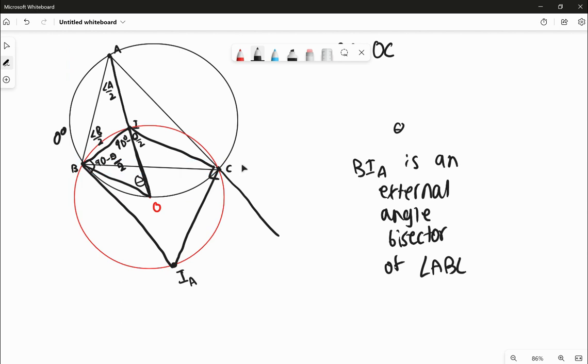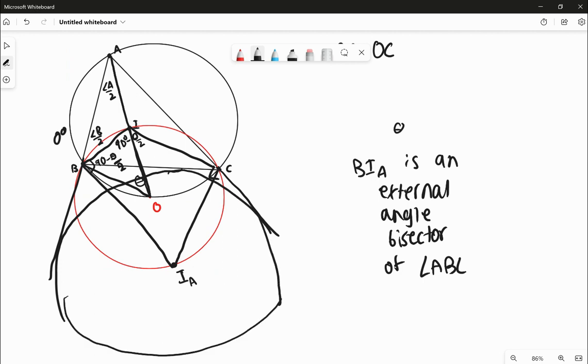So I_A is actually the intersection of the exterior angle bisectors. But you guys can search this up. It turns out that I_A, the intersection of the external bisectors, is the excenter of ABC, meaning that a circle can be drawn tangent to BC and the extensions of both sides, and it's centered at I_A.